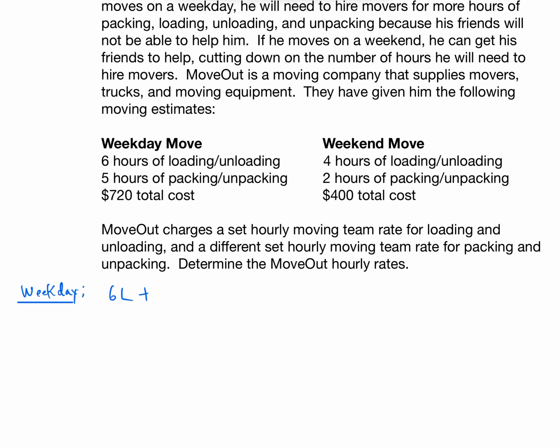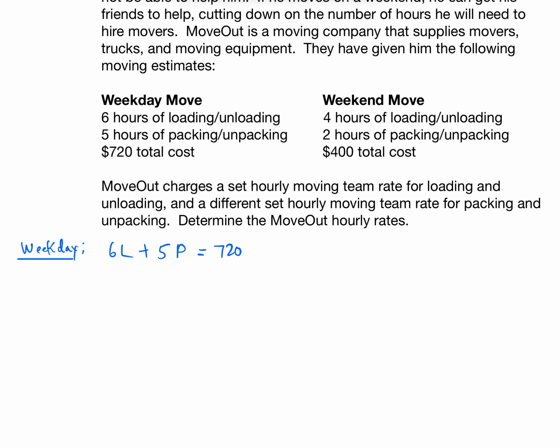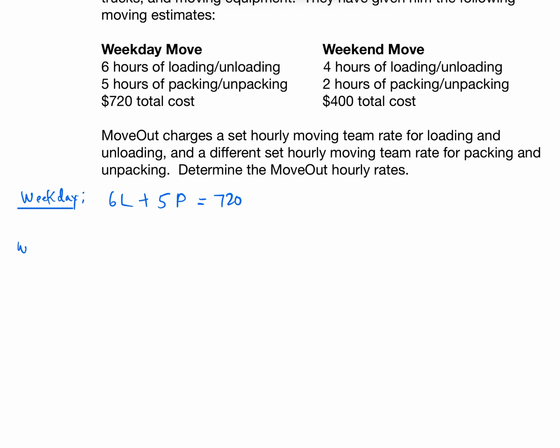All right, 6L plus 5P, that's for packing and unpacking. That total cost is $720. And then weekend, that's going to be 4 hours of loading and unloading, 4L, plus 2 hours of packing, 2P, and that gives us a total of $400.